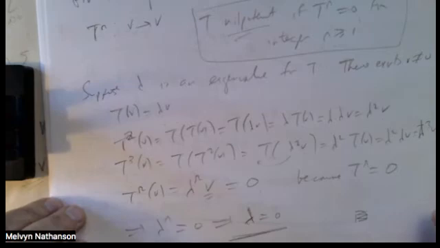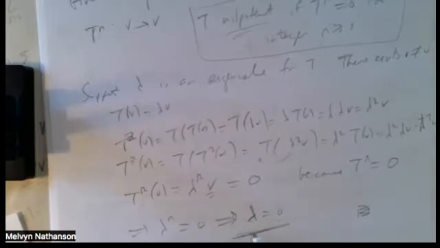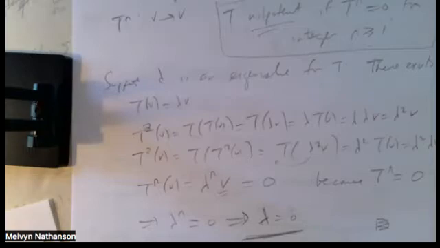Any questions about this? So Professor, for that one, lambda is going to equal 0, right? Yeah, that's what you have to prove. Lambda equals 0. Can you explain the last line?